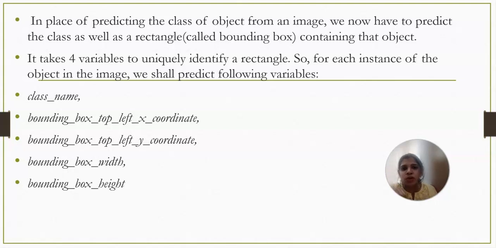We will call this a bounding box. It's a rectangle. So for each instance of the object, we have to predict 4 variables, that are class name and bounding box, the top left coordinate. If we want to draw the rectangle, we require the coordinates. So top left, top right, bottom left, bottom right, or that can be width and height.